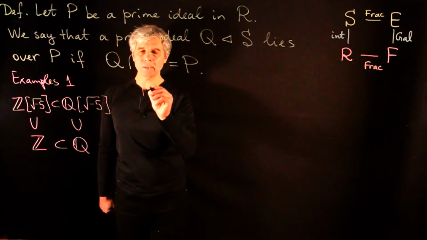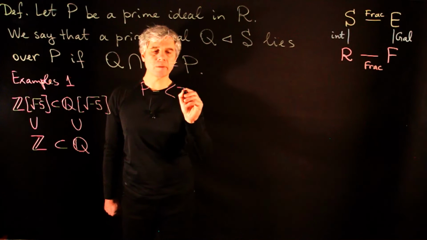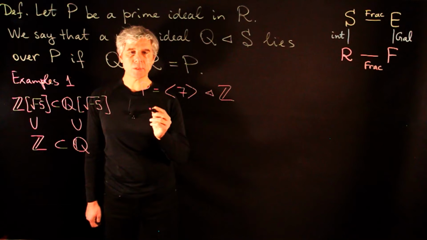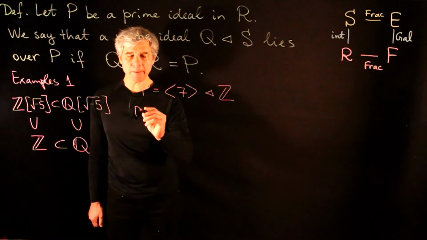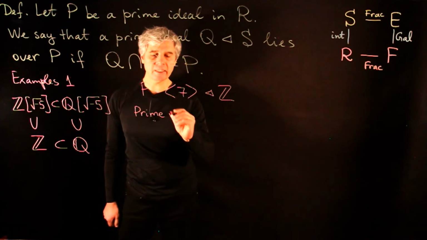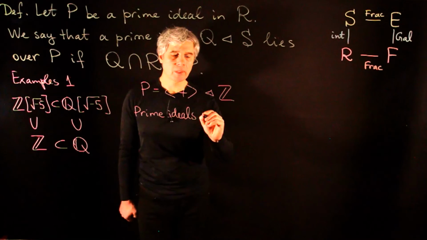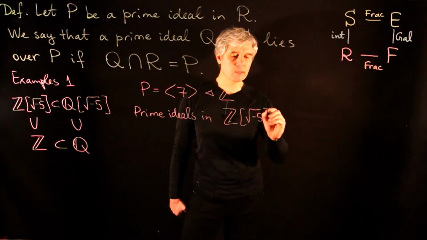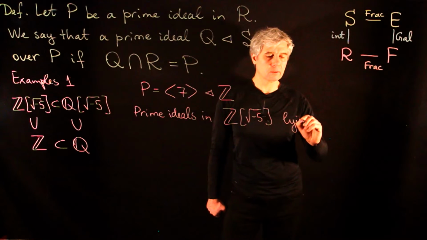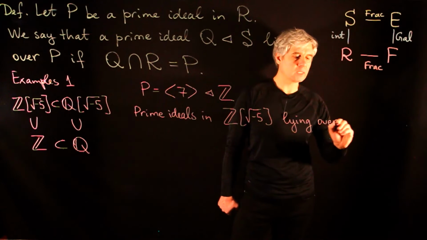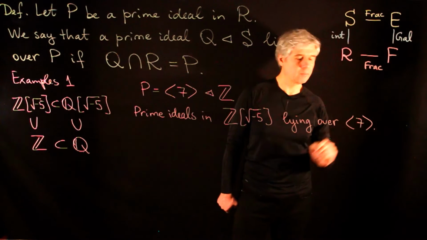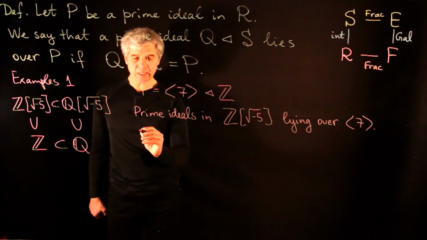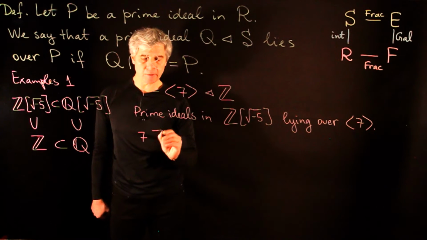As an ideal P, we take an ideal generated by 7 in Z. And what we would like to describe is prime ideals in Z[sqrt(-5)] lying over this ideal generated by 7. Clearly, any such ideal must contain the ideal which is generated by 7 in the ring S.